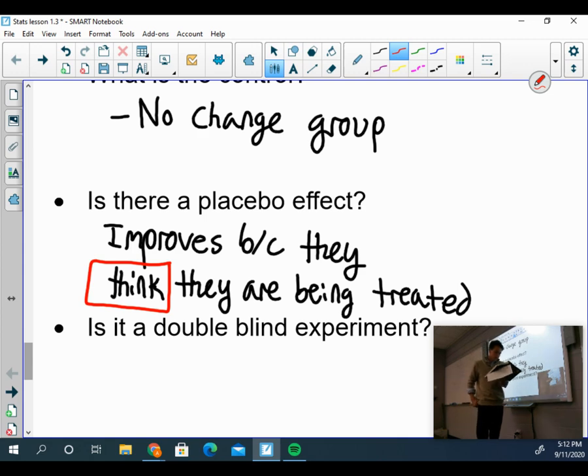So what did they do? Well, they got 298 volunteers who have this severe chest pain. And then they divided them into two groups. One group of 149 patients actually had the procedure, the tiny holes drilled in their heart. The other group thought they were being treated.